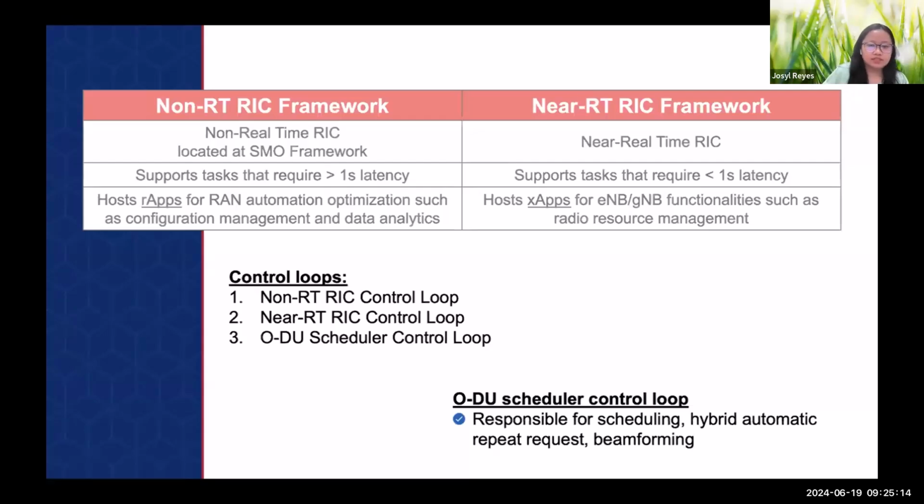And then the near real-time RIC control loop, the connection between the near real-time RIC and the other parts. And the ODU scheduler control loop. This one is responsible for scheduling, repeat requests, beamforming, and things like that. So there are three main control loops in this case. You can revisit your ORAN architecture to see more on this control loop. But essentially, it uses the important, relevant components and the different interfaces.